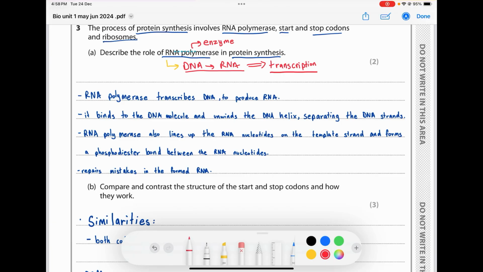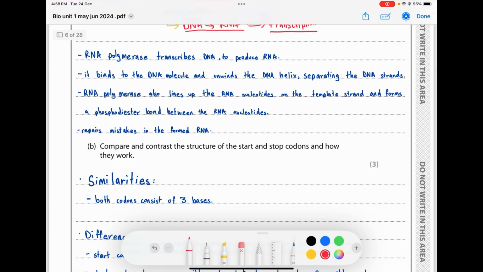RNA polymerase binds to the DNA molecule and unwinds the DNA helix, separating the DNA strands. RNA polymerase also lines up the RNA nucleotides on the template strand and forms a phosphodiester bond between the RNA nucleotides. RNA polymerase also repairs mistakes in the formed RNA.